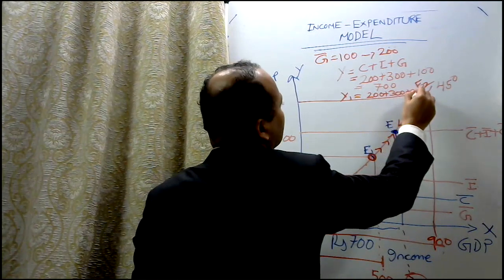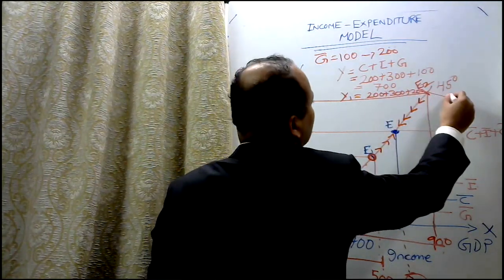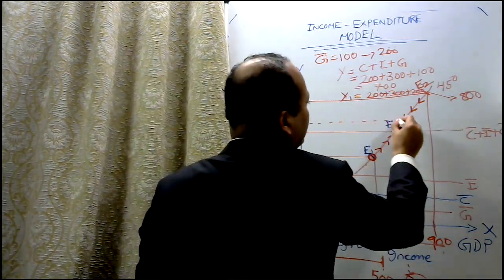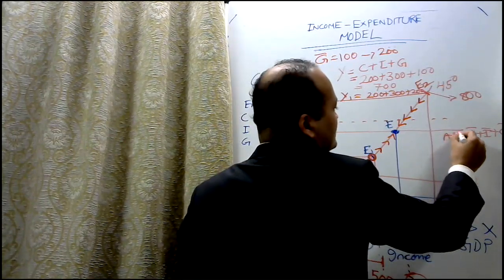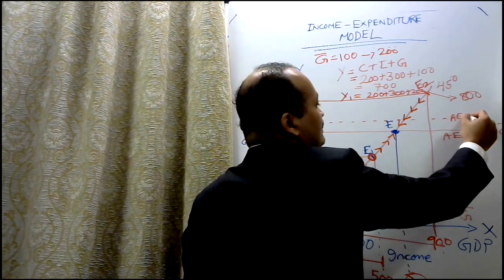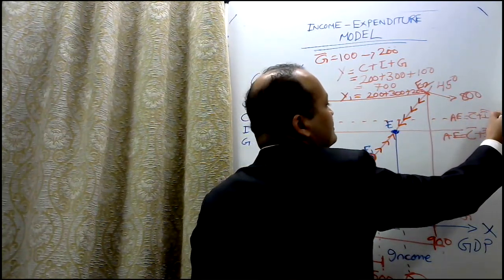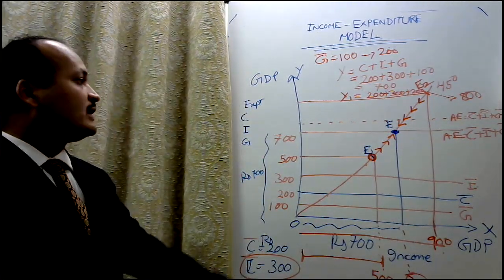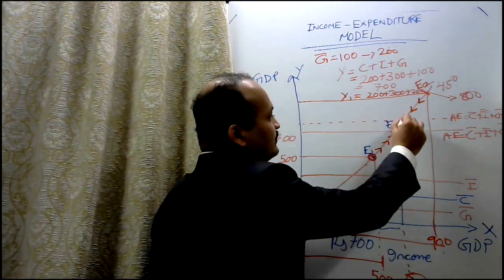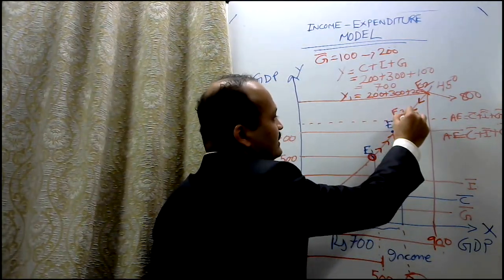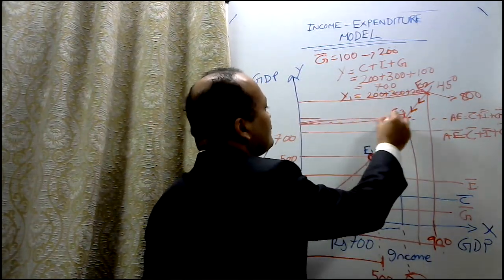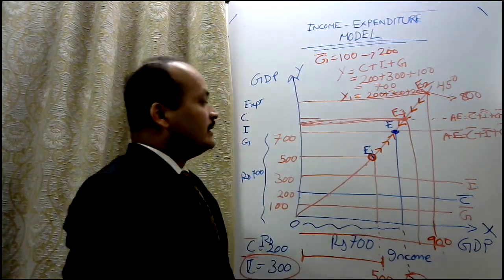This will give me 800. So this aggregate expenditure will now be equal to C bar plus I bar plus G1 bar, where G1 bar is different from G bar by 100 units, and now your new equilibrium will be at, say, E3. E3 is the new equilibrium point, and it is decided by the new level of aggregate expenditure.